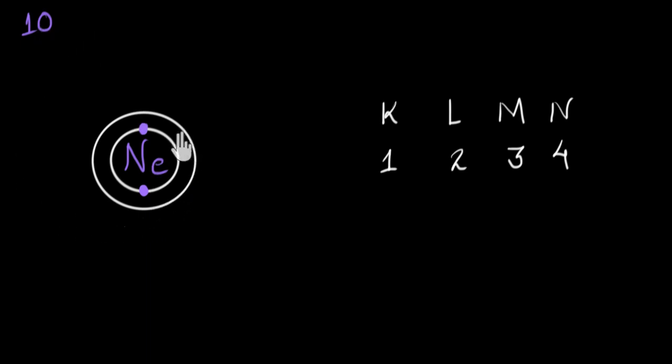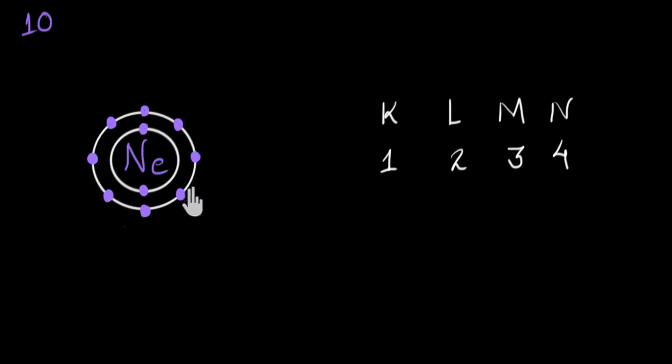Now the second shell, or the L shell, has a maximum capacity of 8 electrons. That means all the 8 electrons will occupy the L shell. So here we have 2 electrons in the K shell and 8 electrons in the L shell. And this is how the 10 electrons of neon go around its nucleus.